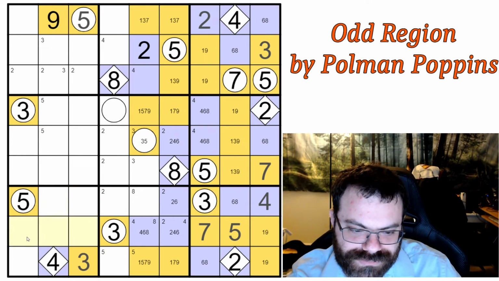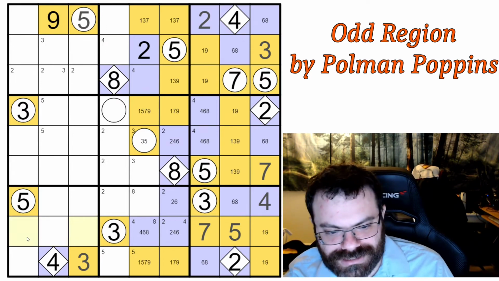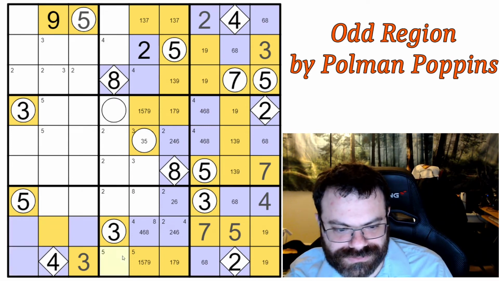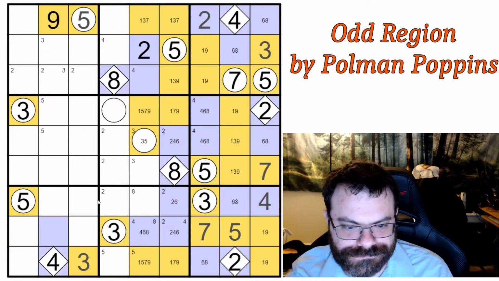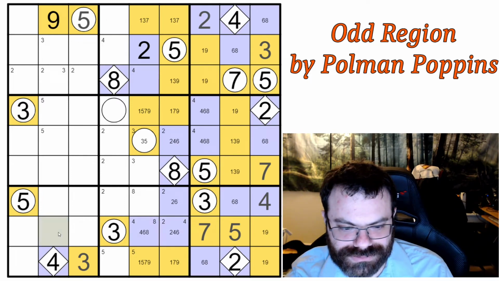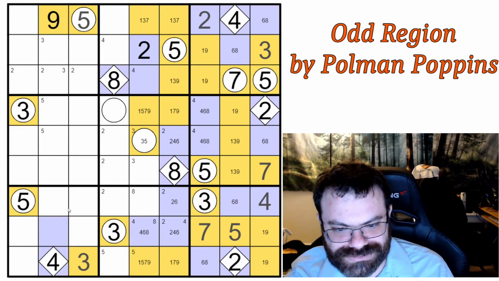Two of them come from this row. And I don't think I can do it this way, because that leaves only 3 here. So that means this one has to be even. Ooh, what else does this mean?